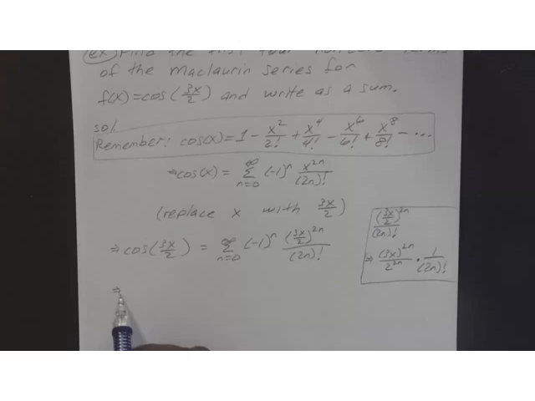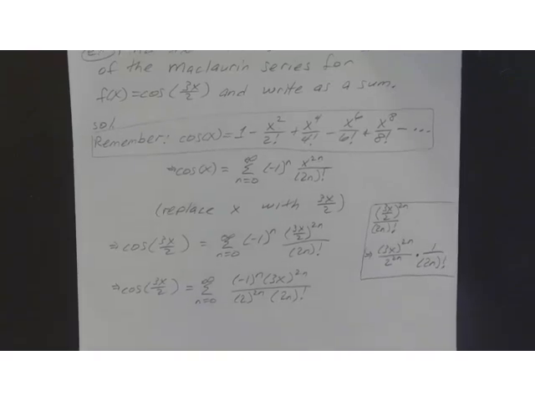So that means that our cosine of 3x divided by 2, we can rewrite as the sum from n equals 0 to infinity of -1 to the power of n times 3x to the power of 2n divided by 2 to the power of 2n times 2n factorial.